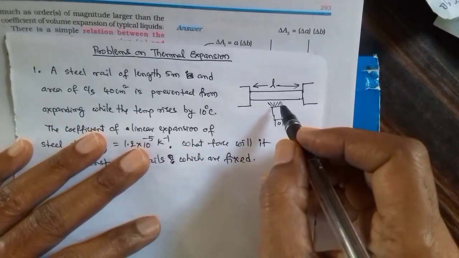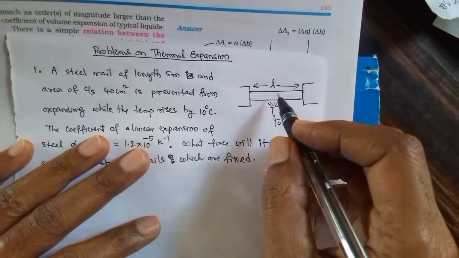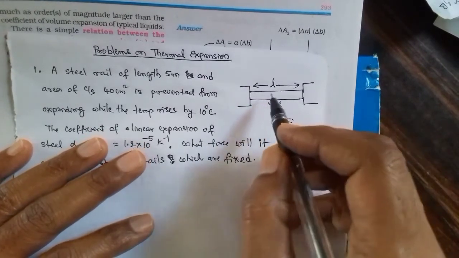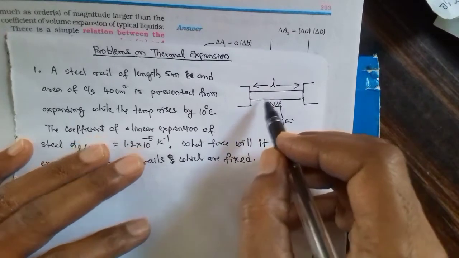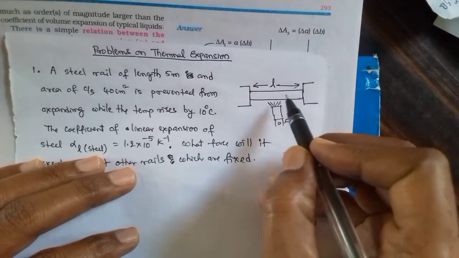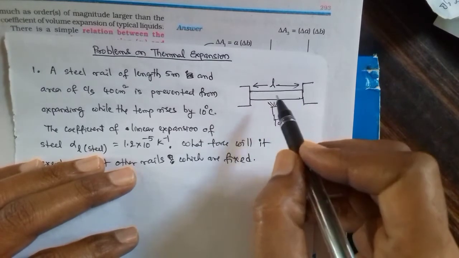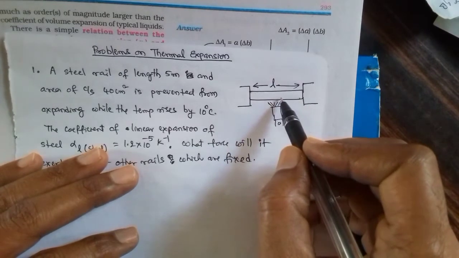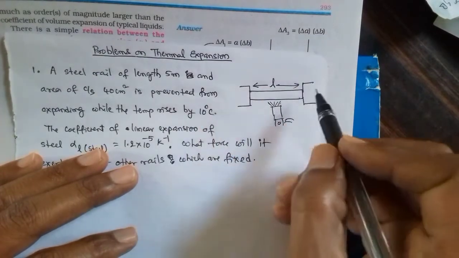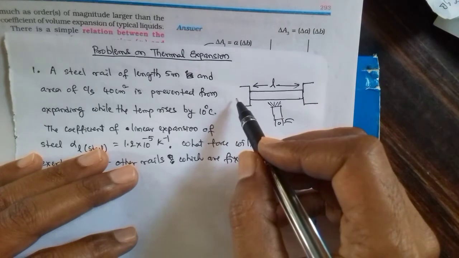When you heat it, its temperature increases, therefore its length increases, but it is not free to expand. It is against the fixed supports. So by expanding, this rod presses this support and this support, but these supports do not move.